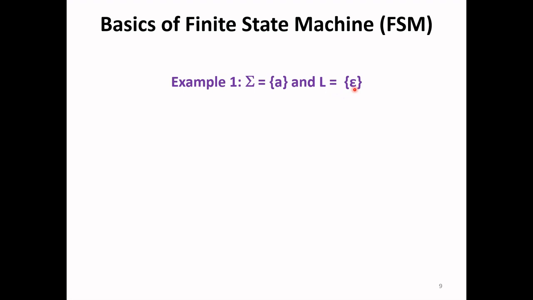Then the finite state machine for this language is represented as the initial state itself being the final state. So, if we represent the initial state as the final state, then the string obtained is epsilon.